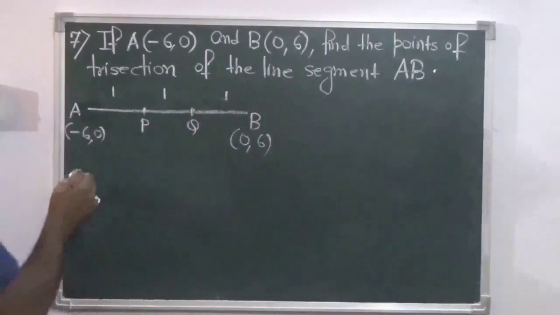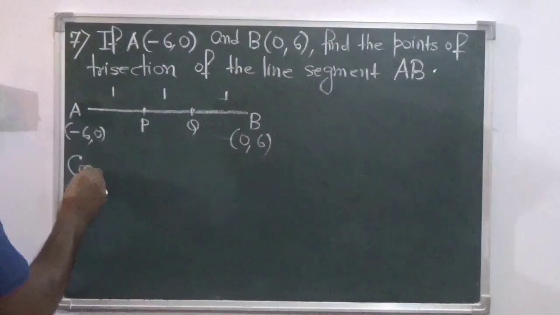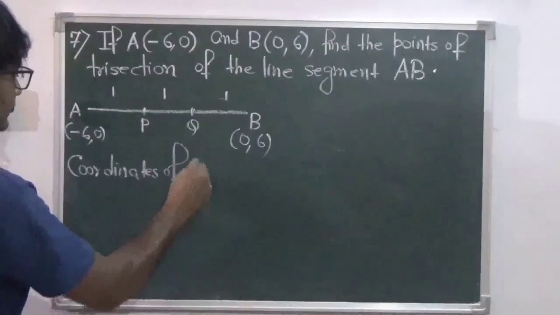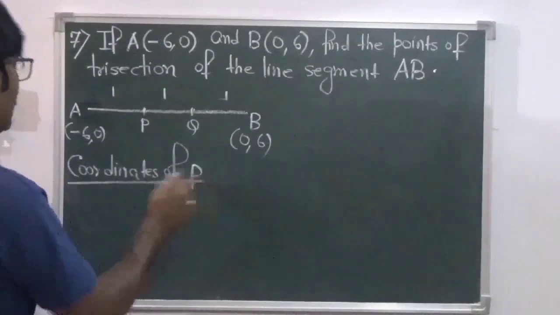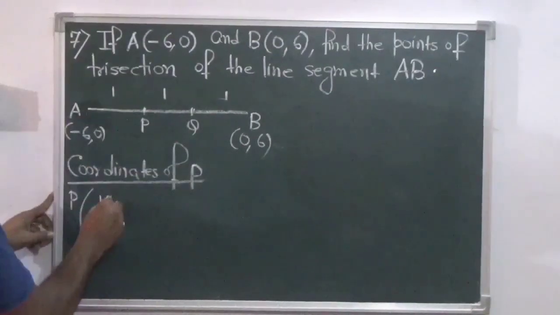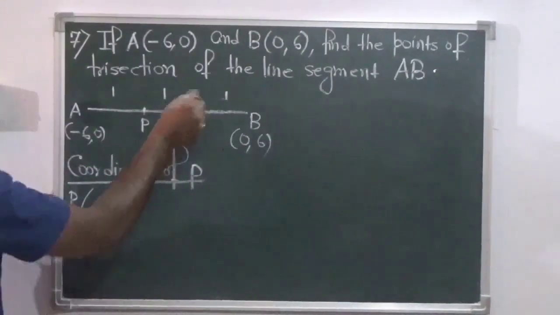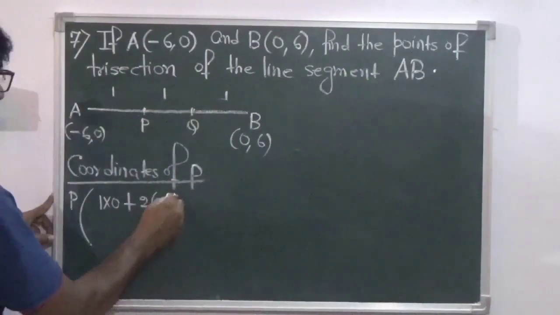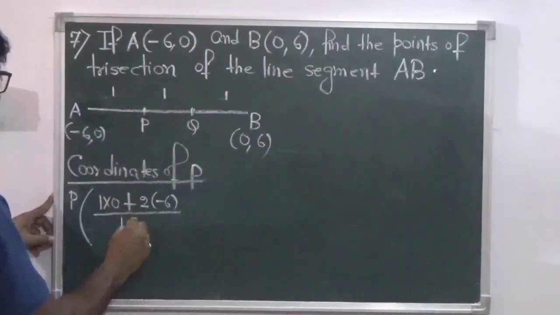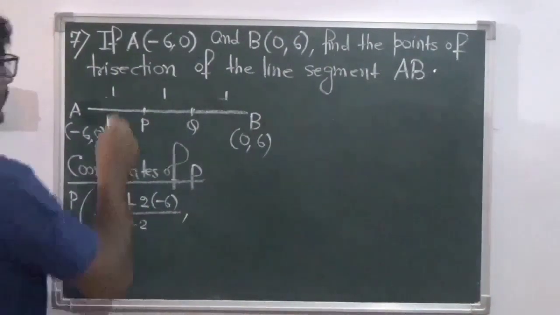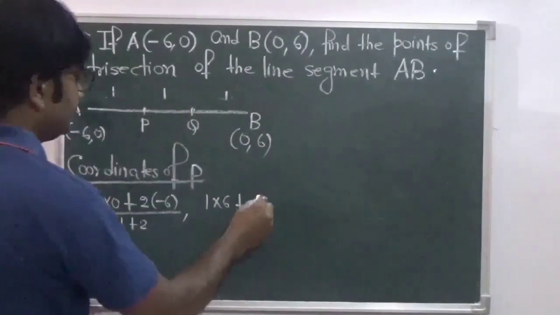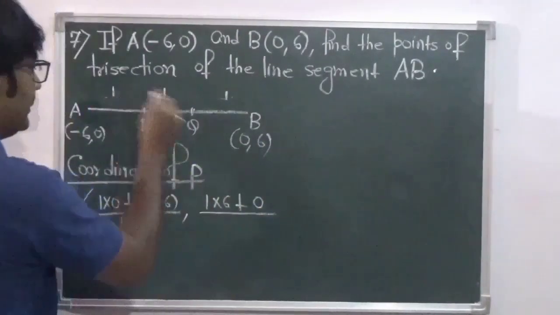So for the coordinates of P, they will be (1 into 0 plus 2 into -6) divided by 1 plus 2, then (1 into 6 plus 1 into 0) by 1 plus 2.